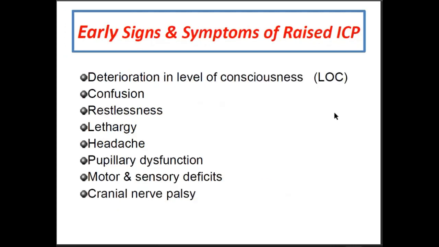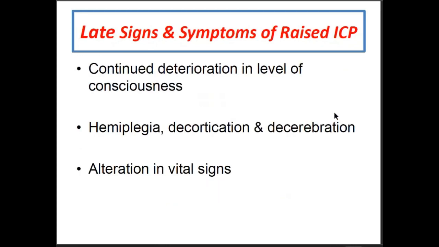Early signs برضو: level of consciousness, confusion, restlessness, lethargy, headache, motor, cranial nerve palsy. Late signs يعني comatose patients أو إنه very low GCS, hemiplegia or severe deficit and alteration in the vital signs.